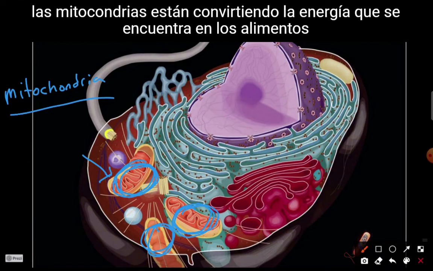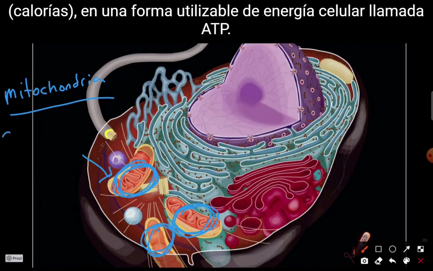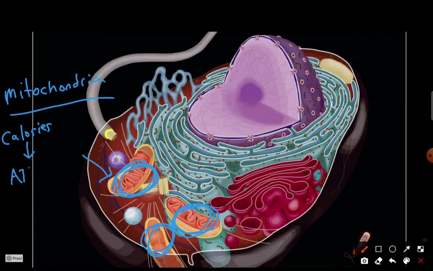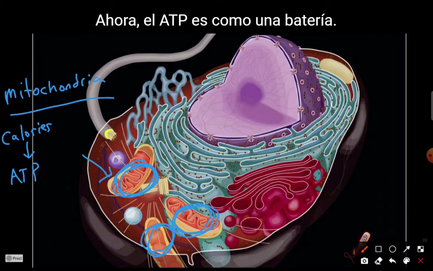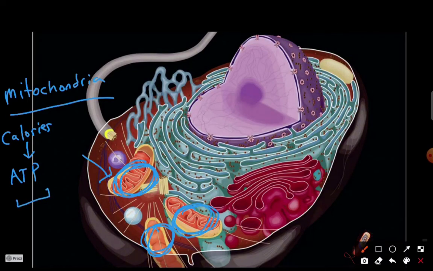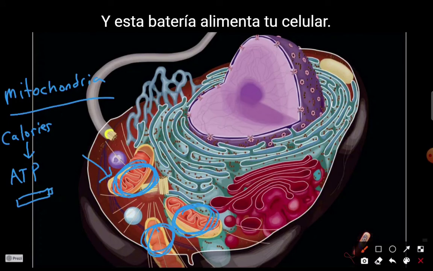These mitochondria are converting the energy found in your food, calories, into a usable form of cellular energy called ATP. Now, ATP is like a battery. And this battery powers your cell.